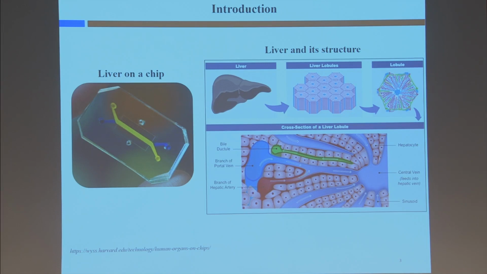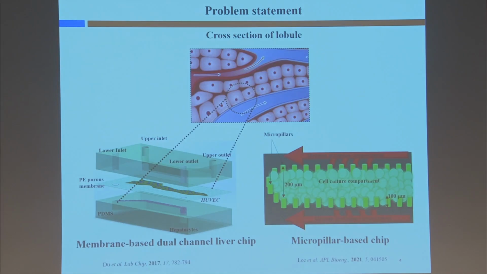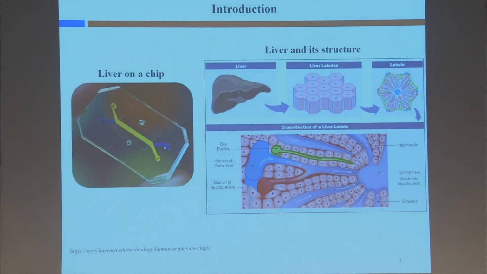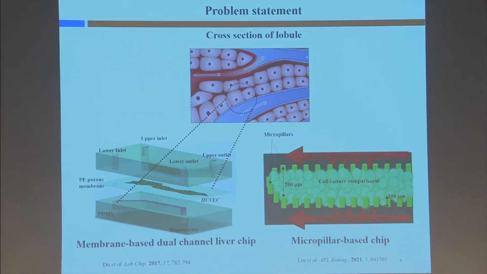So to mimic such a complex architecture, or we can say to mimic such a two tissue interface in a liver on a chip platform, previously people have utilized microporous membranes and micropillars inside the channels.